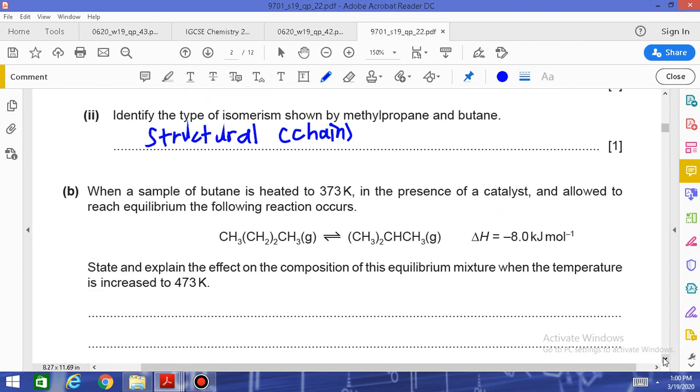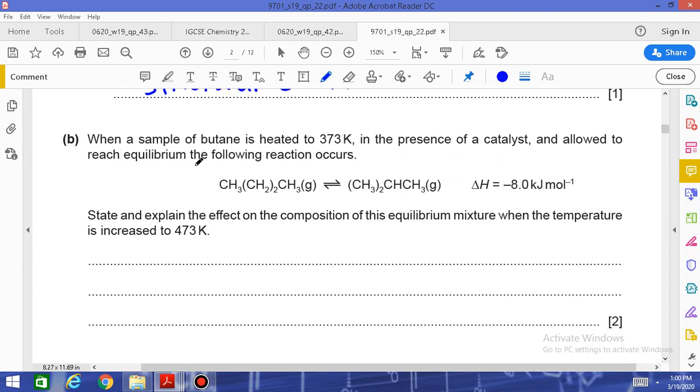Okay, next. So this question is about equilibrium. State and explain the effect on the composition of this equilibrium mixture when the temperature is increased to this temperature. So the temperature increases. So what happened to the equilibrium? You have to answer this question based on Le Chatelier's principle.